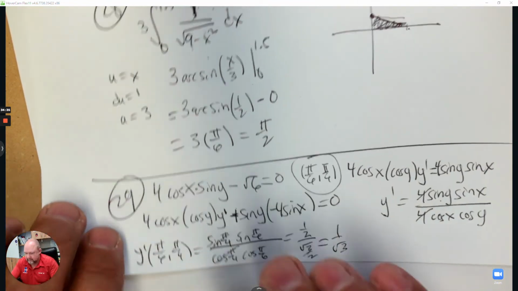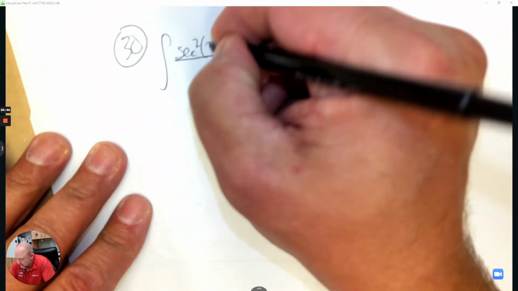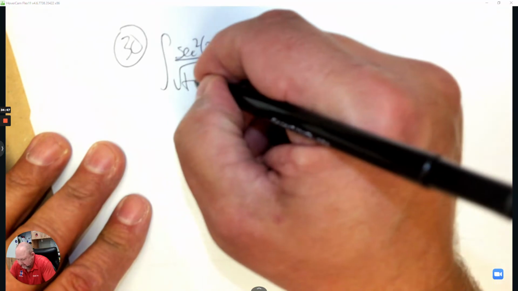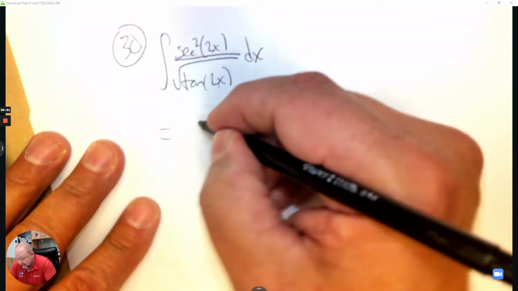Number 30. Integrate secant squared 2x over the square root of tangent 2x dx. So I'm going to write this calculus friendly.